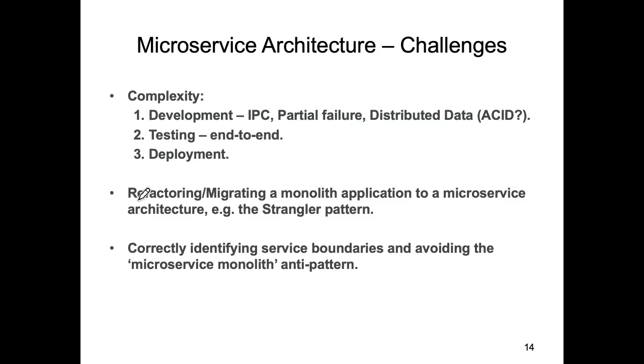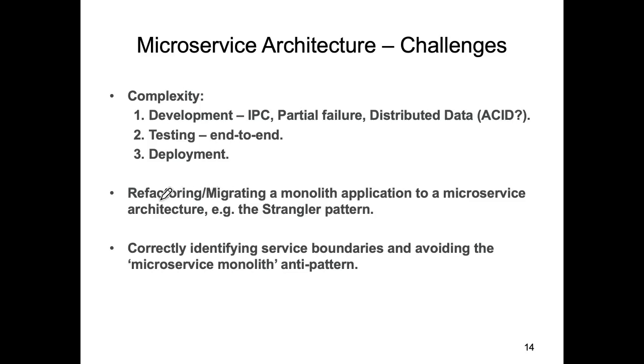What are we saying here? Refactoring. When the microservices architecture came into being and started to grow in popularity, software houses started to look at how we can take our existing applications that adhere to the monolithic architecture and migrate them into a microservices architecture.